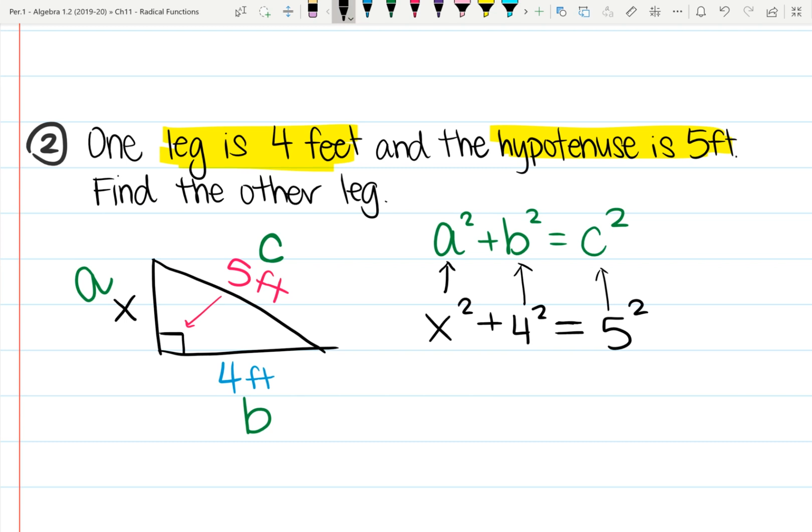Now that I've plugged in the numbers, we're going to go ahead and solve it. We have x squared. Can't do anything with that. Oh, here, 4 squared. I know 4 squared, that's 16. So I can go ahead and write 16 here. We'll bring this down. And 5 squared is 25, 5 times 5.